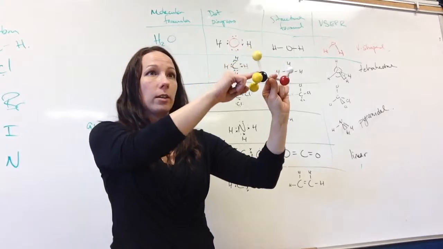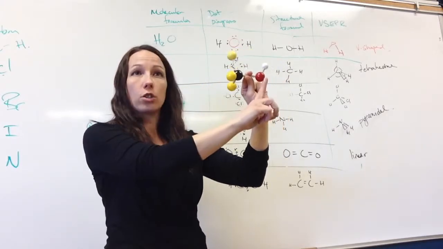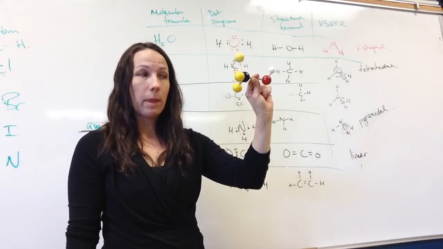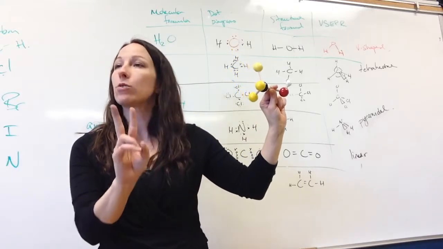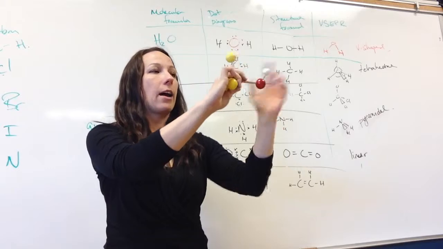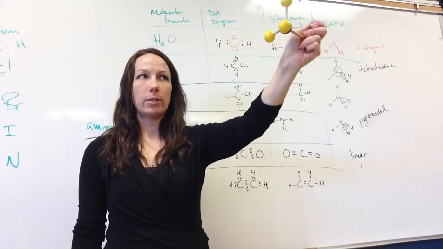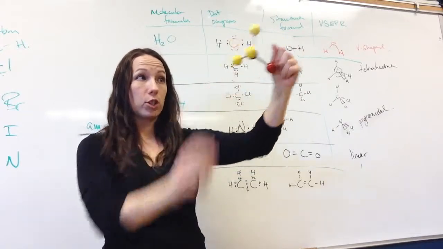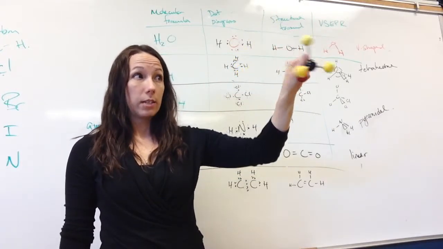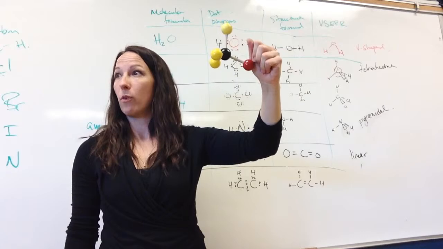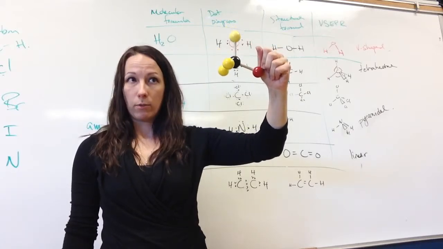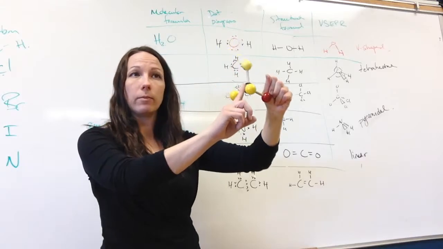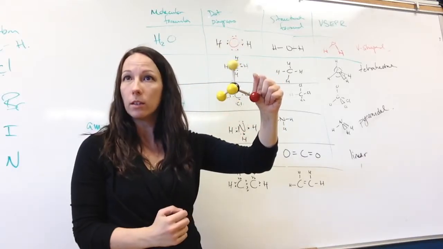Okay, so carbon, hydrogen, hydrogen, hydrogen, oxygen, hydrogen. Everybody okay with that? Now I have 2 central atoms. I have this one. What shape is that? Stick, stick, stick, stick. Pyramidal. No. What shape is that? Tetrahedral. Because it was before. And so its central atom carbon is tetrahedral shaped.